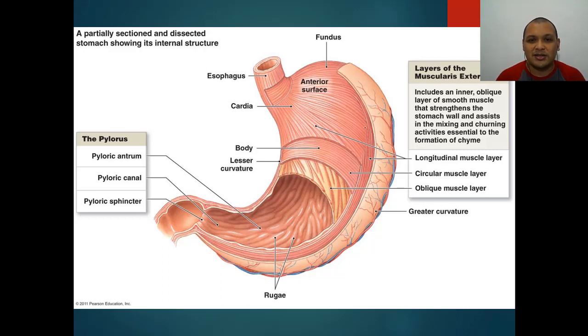So in our stomach, we can have this type of smooth muscle. So the first is the longitudinal muscle layer, and then we have the circular, and then the last we have oblique. So this one we are not going to talk about for now. But in general, those three types of muscle are smooth muscle. Okay, good. So that's all about muscle.